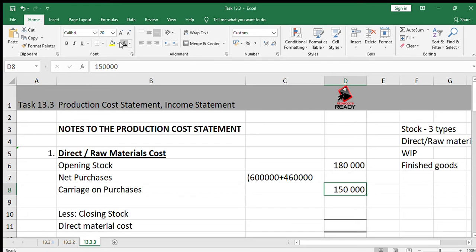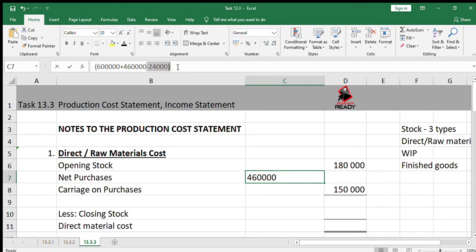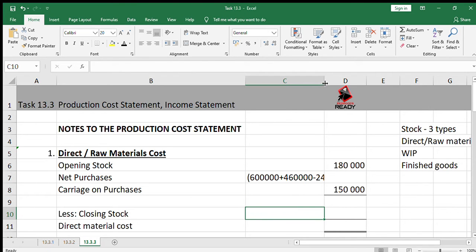Now, if the question here is anything like import duties or whatever, you also list it here and bring the figures in. Then in number 4, raw materials of the factory amounting to 24,000 were returned to the creditors. So we're going to subtract that from our net purchases. We're going to subtract 24,000. Okay, and then we're done with the calculation.